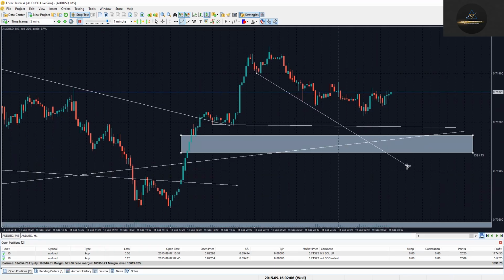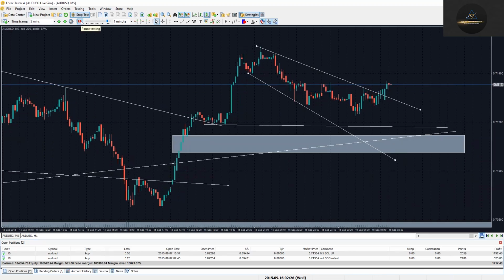Potentially, that could work. A little bit of expanding, 2, 3, 4. So the zone is actually inside the pattern, so I'm not really feeling this expanding pattern anyway.